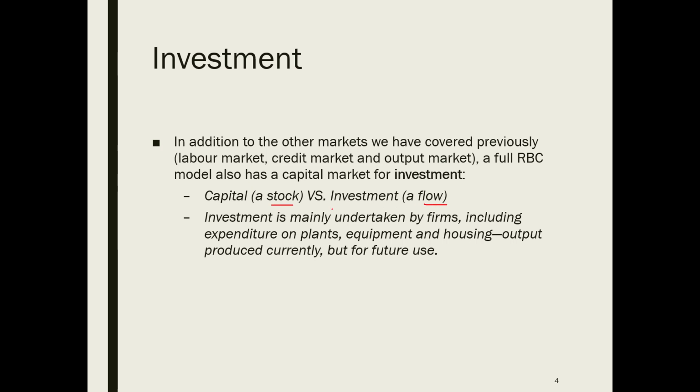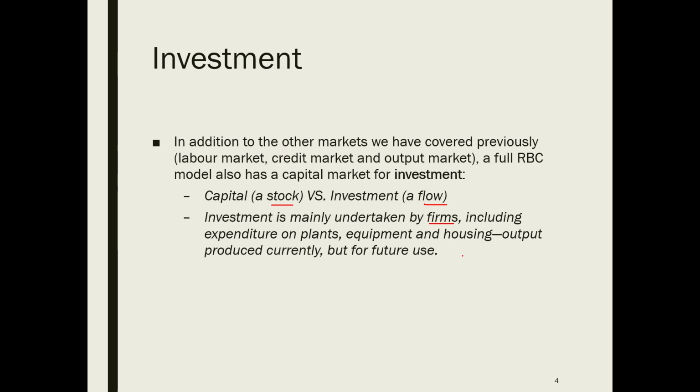It is the decision made by firms to maximize profit in a dynamic setting. It includes expenditure on plants, equipment, and housing. Investment takes a while to form the capital stock, so the decision is intertemporal by nature.